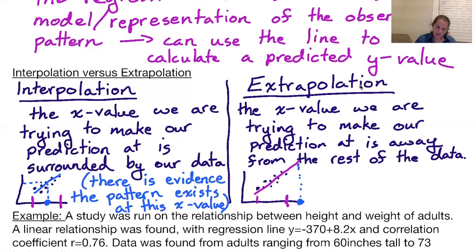We're depending on the pattern continuing past our own data. So this is less accurate, or has less chance of being accurate, because we don't have evidence the pattern continues.